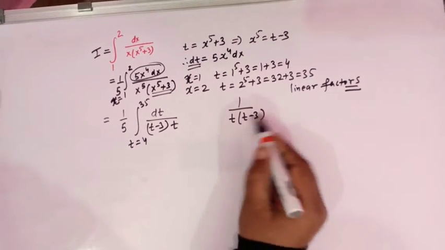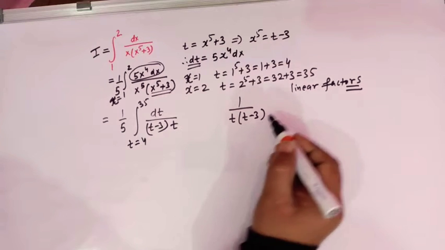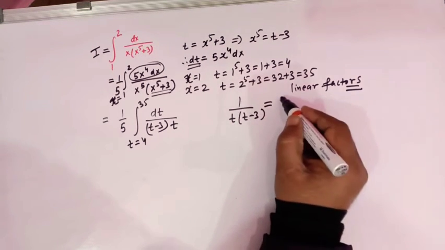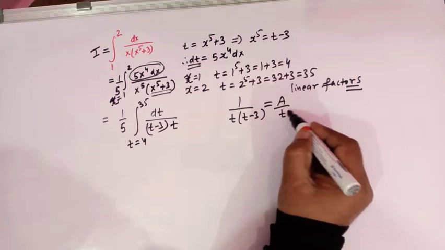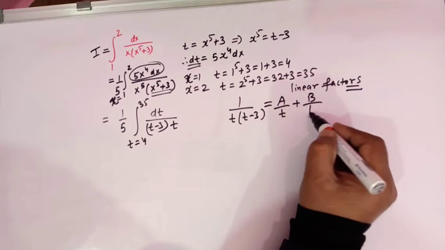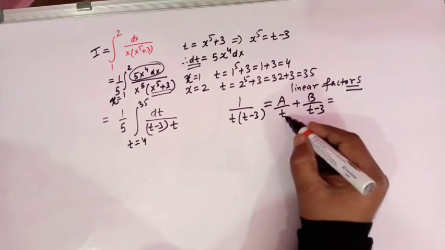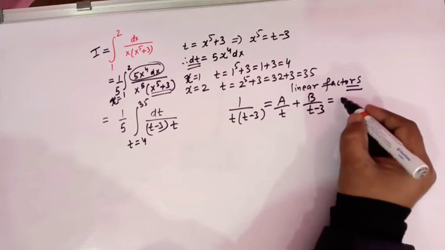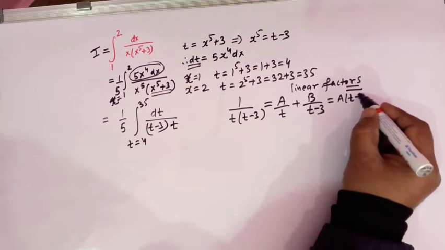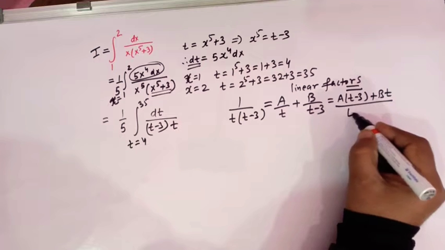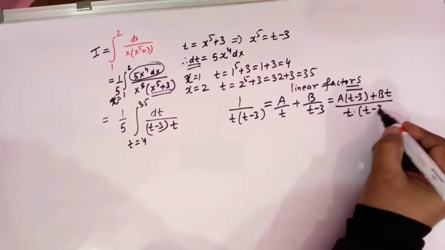Since in the denominator we have two linear factors, this rational function can be written as a over t plus b over (t minus 3). Now this is equal to, taking LCM, a times (t minus 3) plus bt, divided by t times (t minus 3).